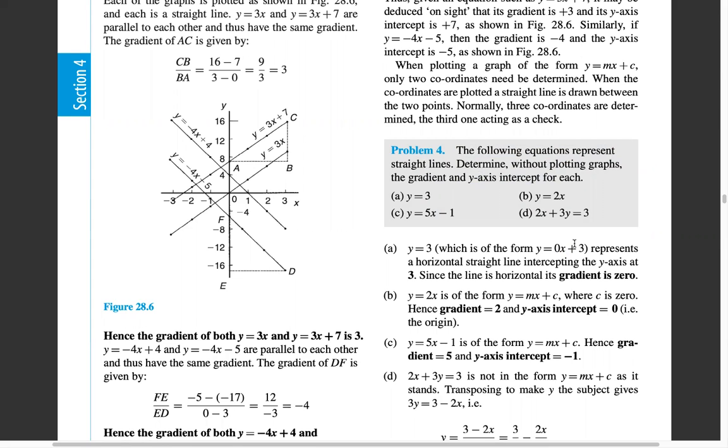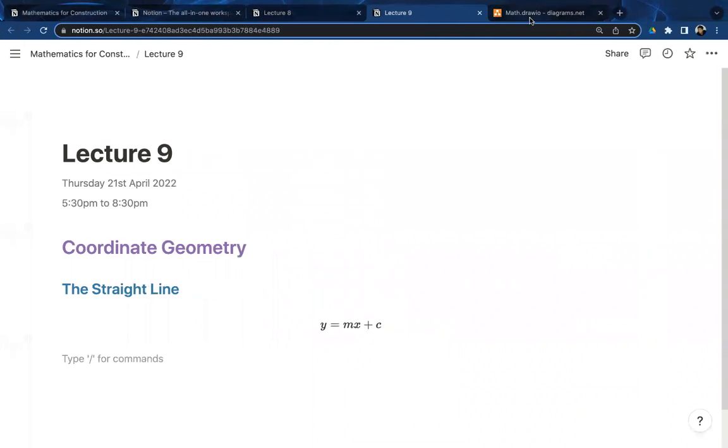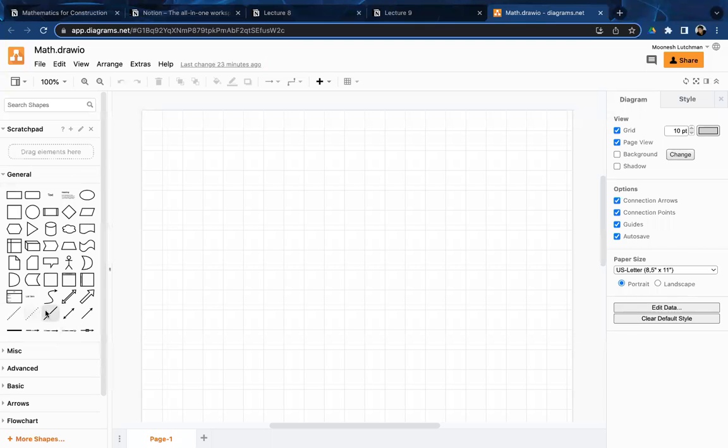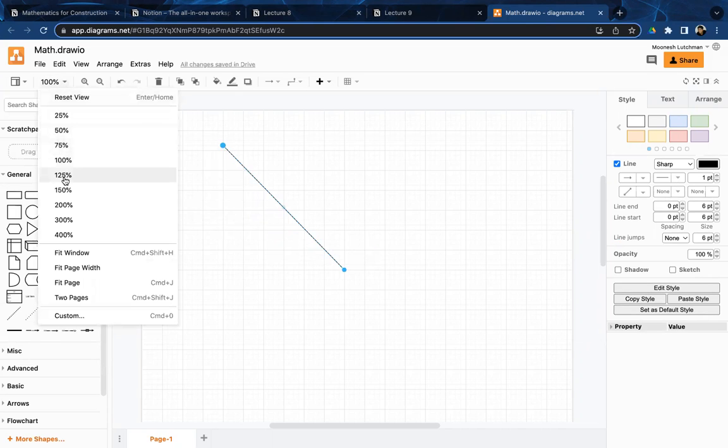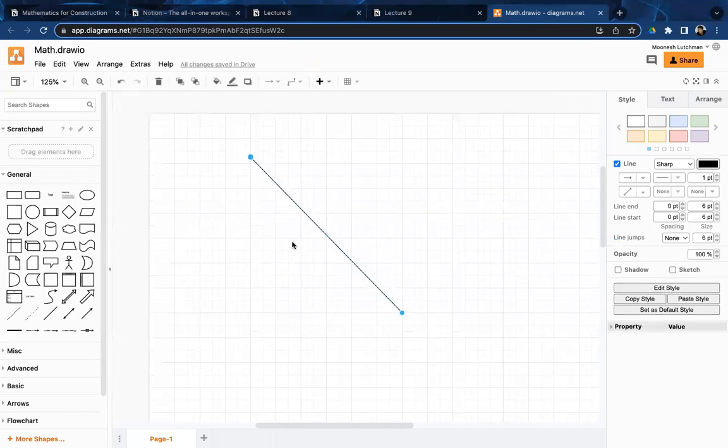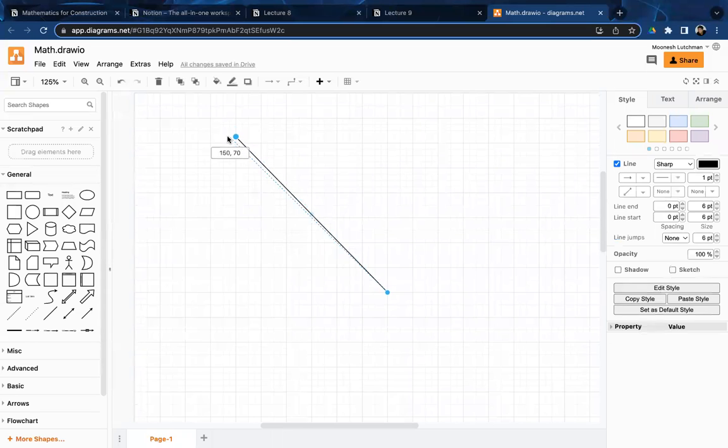When y is 3. So let's see if we could draw a line to represent it. I'll try my best to draw some kind of axis here.